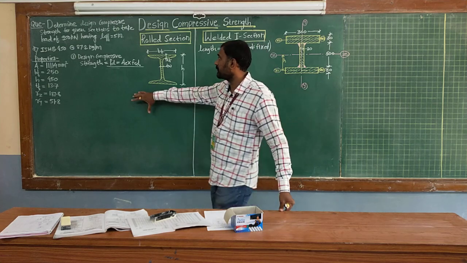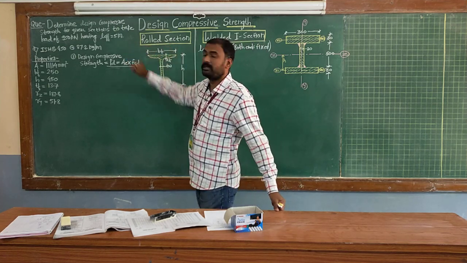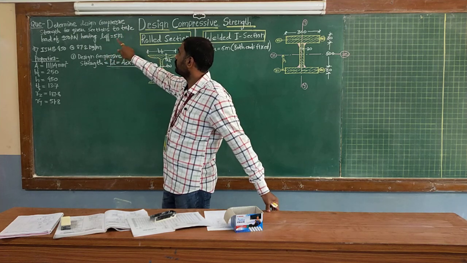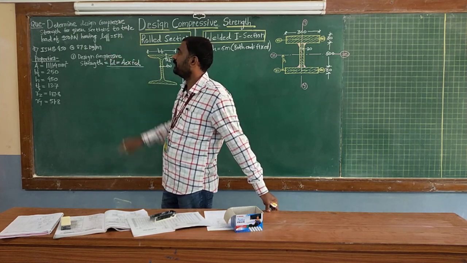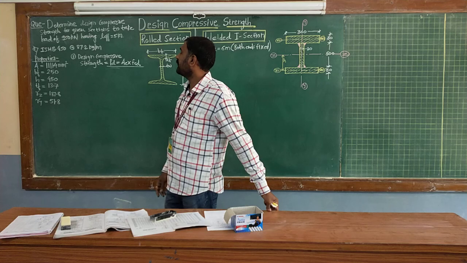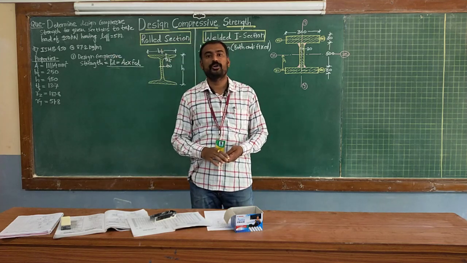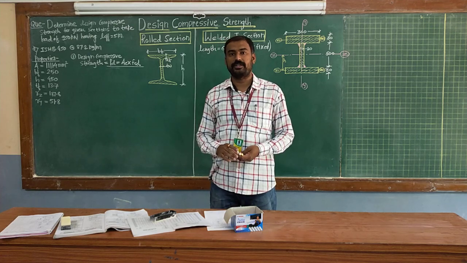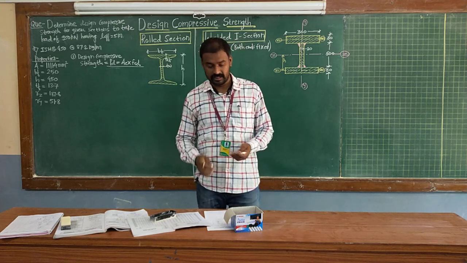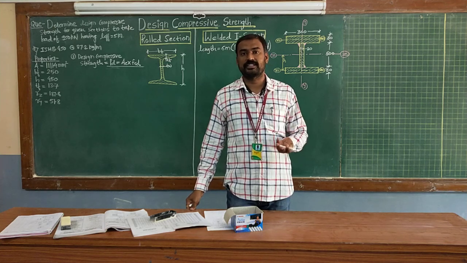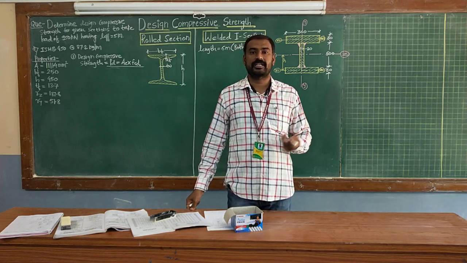For the first type, rolled section, the statement is: determine the design compressive strength for the given section to take a load of 950 kilonewton having effective length 5 meters. Here in the problem itself the value of effective length is mentioned, equal to 5 meter. In some cases they may tell you the conditions of restraint for end supports, whether it is restrained or free to rotate or translate.